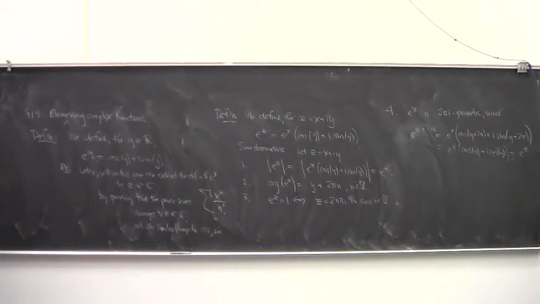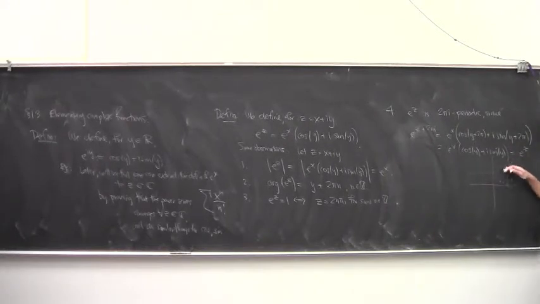So it's a periodic function. It's a function that has a period. The period is this imaginary number, 2 pi i. If this width is 2 pi, you take some point z, and you look at z plus 2 pi i.